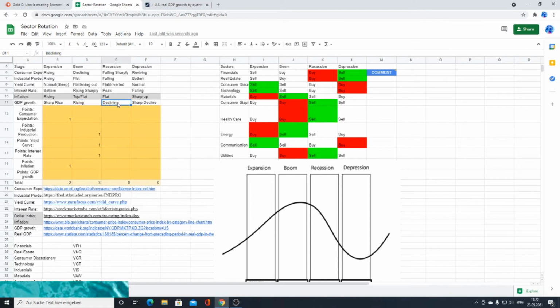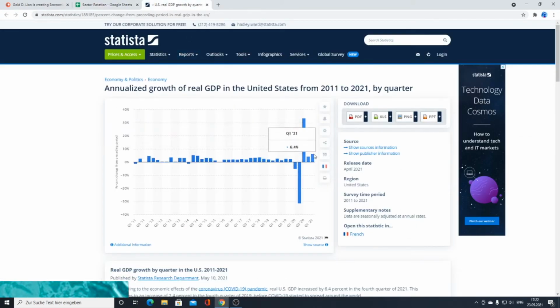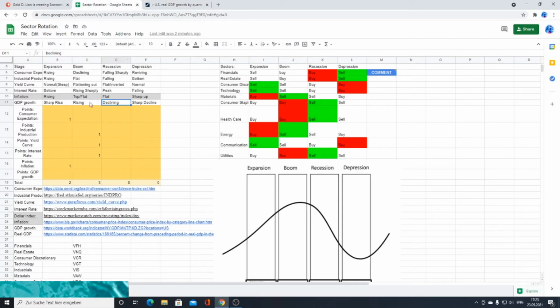Is it rising? Is it declining? Or is it sharp declining? Well, I would say it's somewhere in between here, because it's neither rising nor declining. To know that for sure, we need more data. It might be going down slightly, but I don't think so. So I would tend to say it is still rising, and it should still rise.